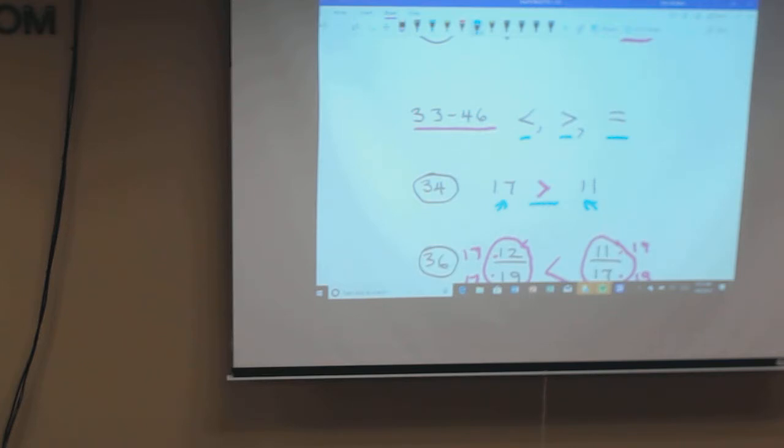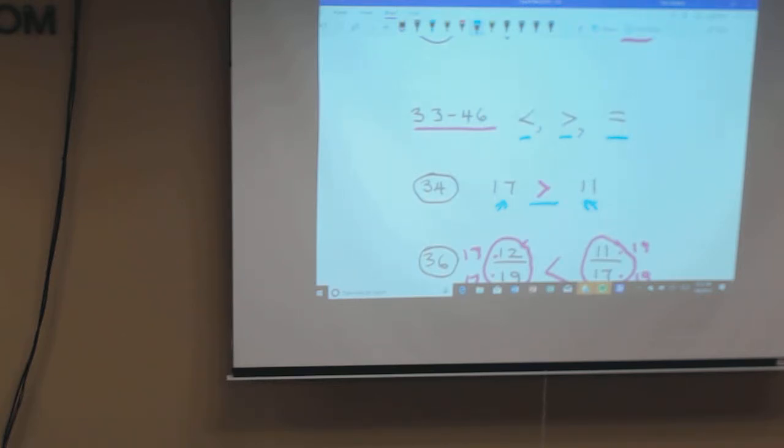Greater than. And does anyone have a little clue for how you remember which sign is greater than and which one is lesser than? 17 is greater than 11. The crocodile wants to eat the bigger number. Like a Pac-Man mouth, and the Pac-Man guy is always going for the biggest number.